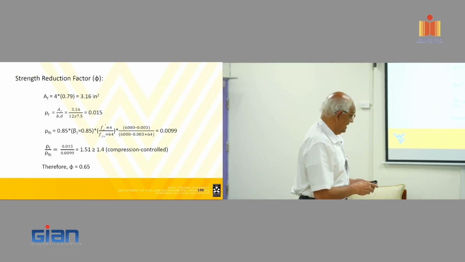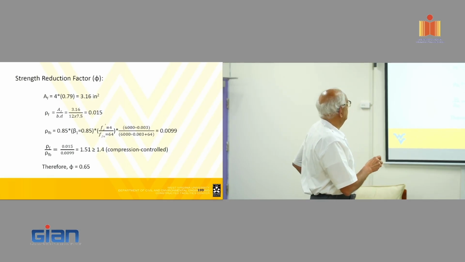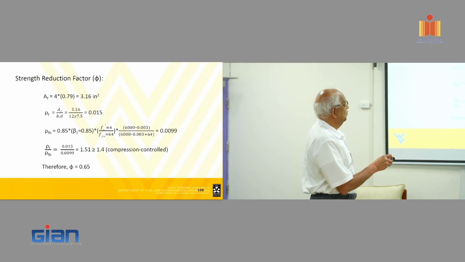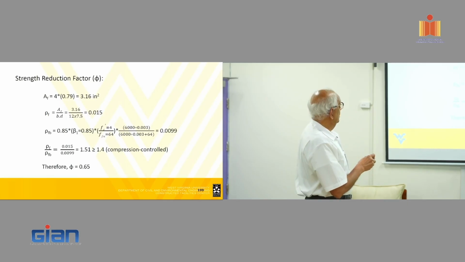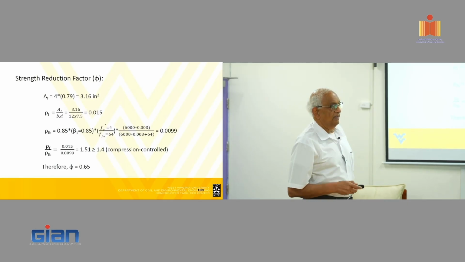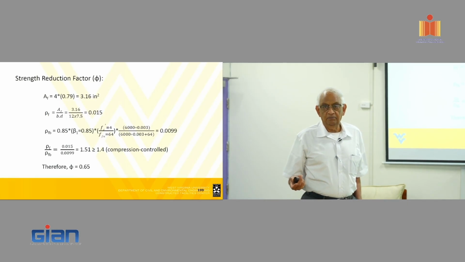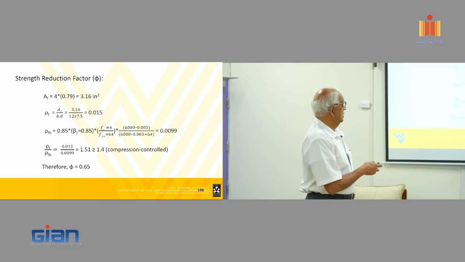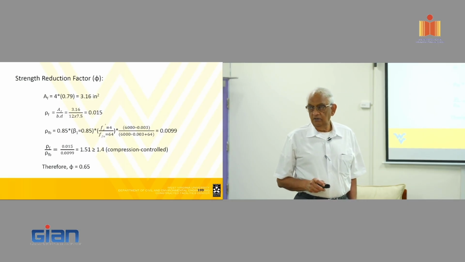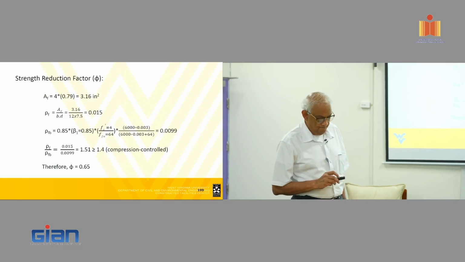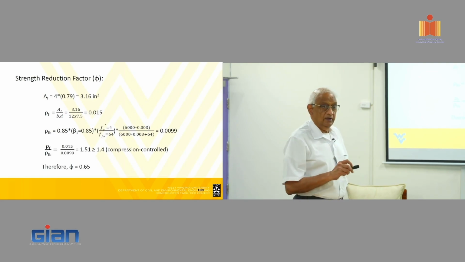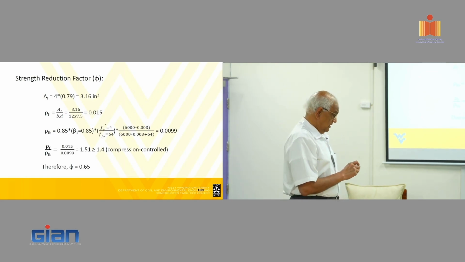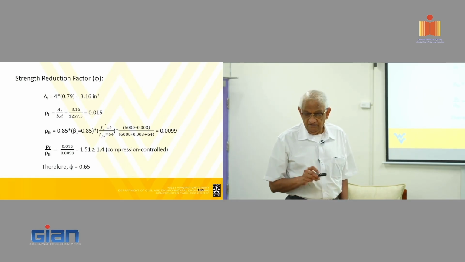So in this case, as you can see, rho FB is 0.01, whereas we have provided 0.015. Obviously, it is a compression failure. So that is the first step one must arrive at. Is that clear? If it is a compression failure, we are talking about 0.65. Tension failure, it is 0.55.